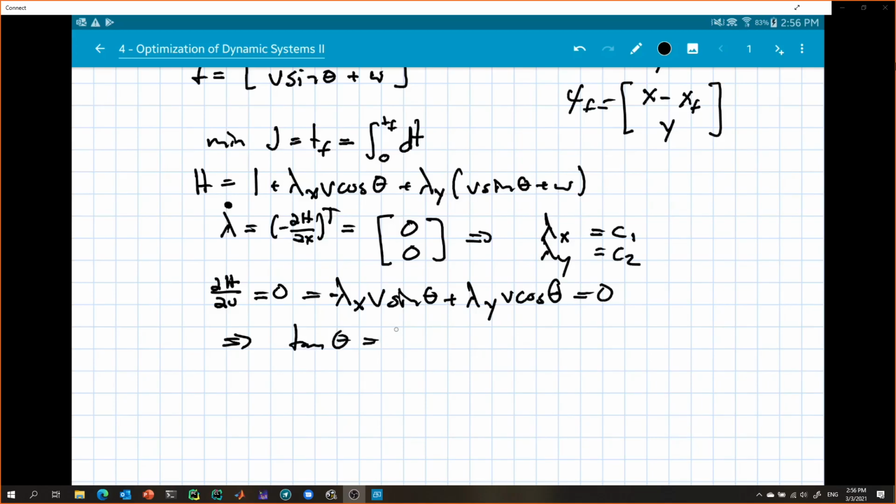Tangent theta is equal to lambda y V over lambda x V, which is just lambda y over lambda x, which is equal to a third constant, because all these are constants.